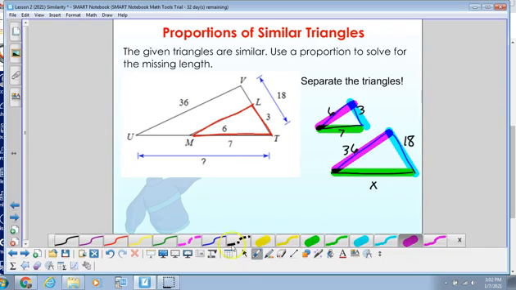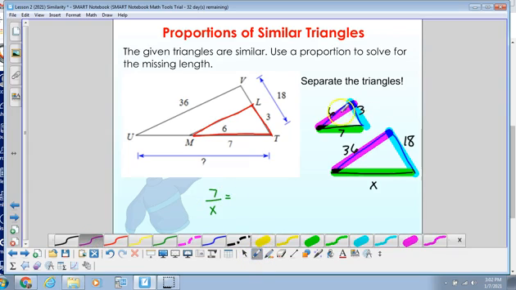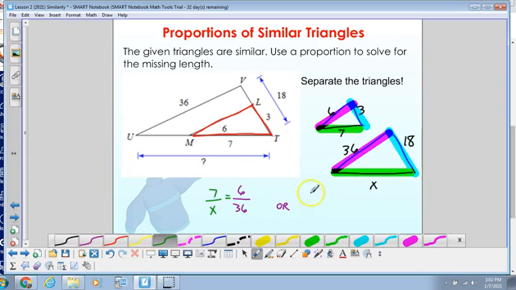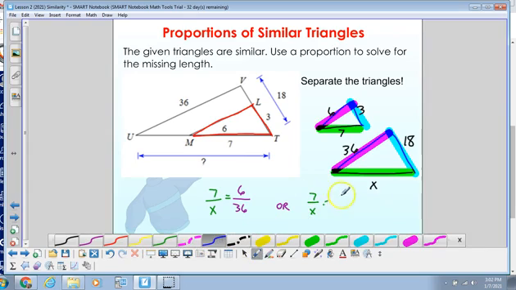So when we go to write our proportion, we have a choice of what we want to use. We're trying to find x, which goes with 7. So we're definitely going to have to use 7 over x. Again, I'm doing small over large, so 7 over x. And we could choose, if we wanted to use the magenta color right here, 6 over 36, or if we'd rather, we could use the 7 and the x is equal to 3 over the 18.